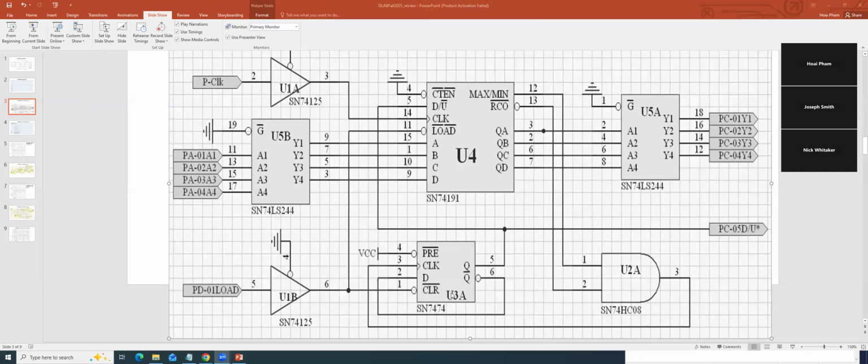Output not Q connects back to D. That only tells you that when they get a clock, the output of U3A will toggle. In other words, when you get the output from U2 pin 3, it goes all the way around to the clock of U3, and then when you get that clock, D equals not Q, then you get the toggle.